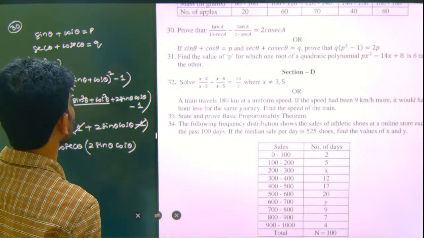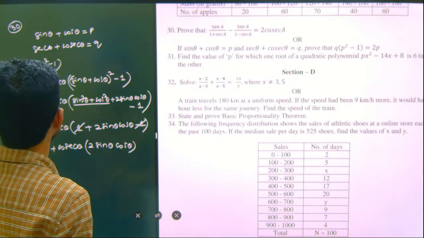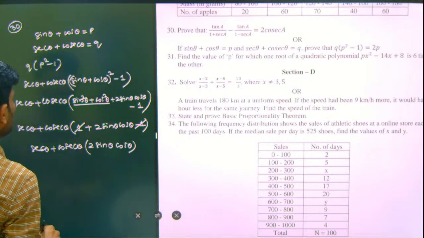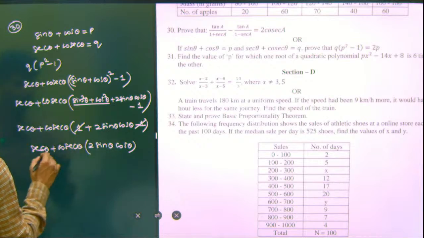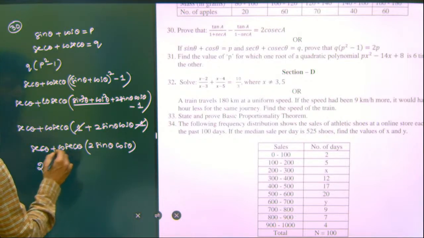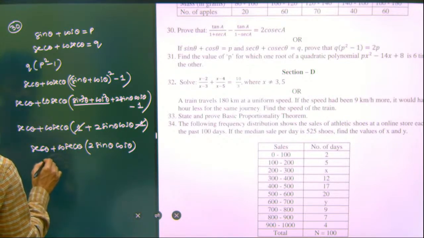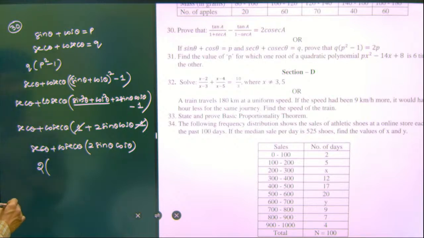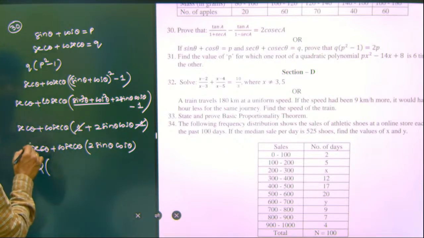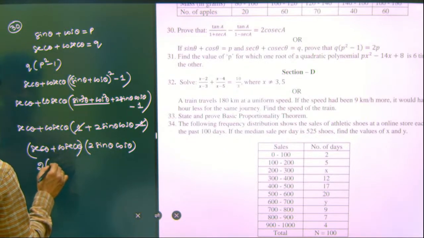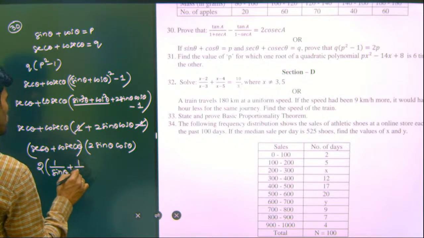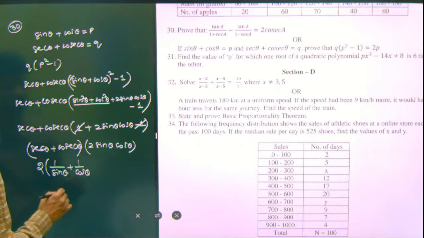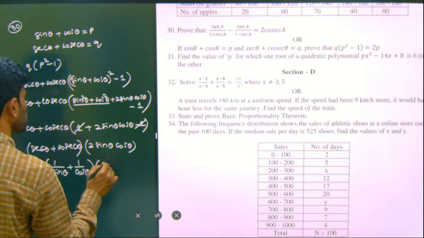We have to get 2P. 2 into P. P means sin theta plus cos theta. So if you write 2 out and multiply these two, secant theta plus cosec theta is 1 by sin theta plus 1 by cos theta, into sin theta cos theta.